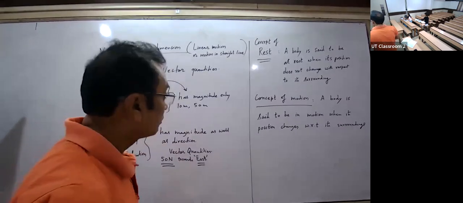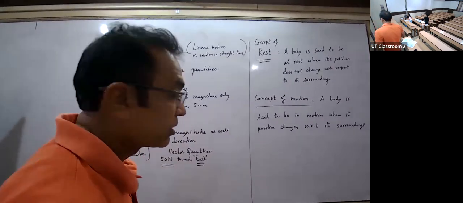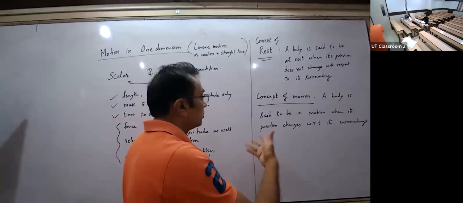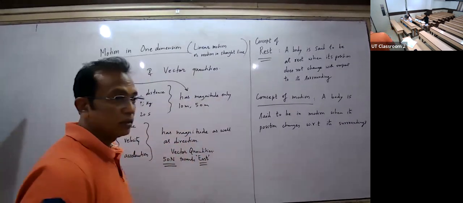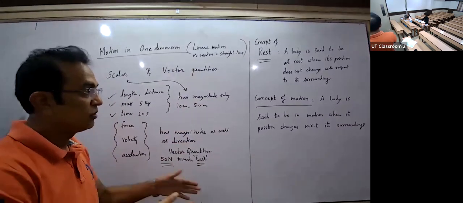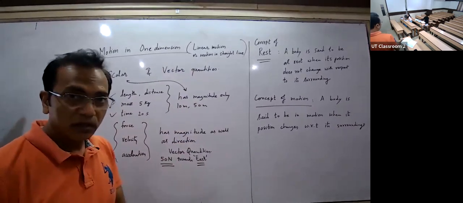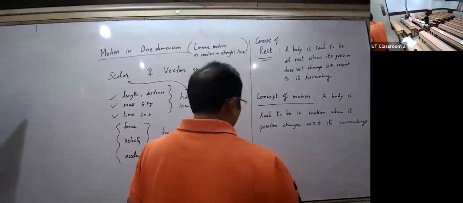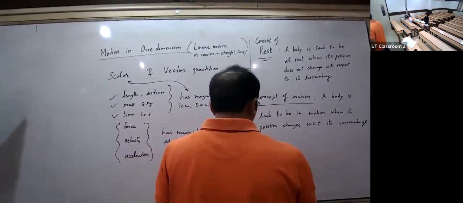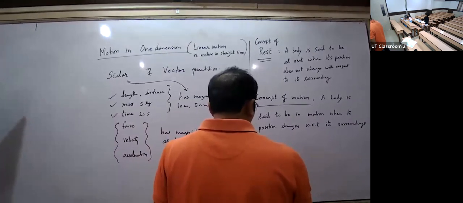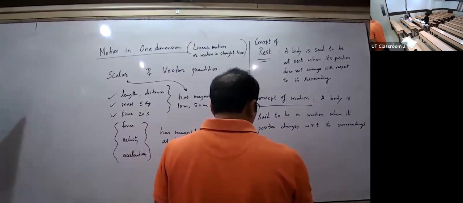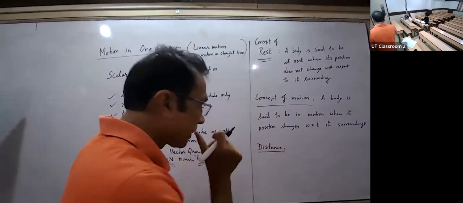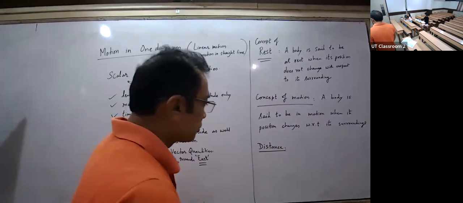So we have a couple more minutes. There is a concept of how we differentiate the motion of one body from some other body. For that, we have defined certain terms. So there is something called distance.